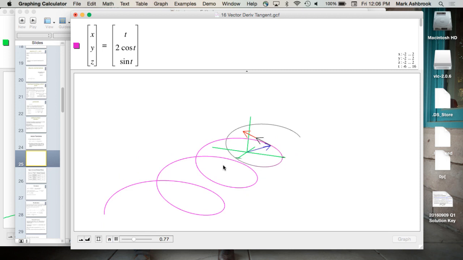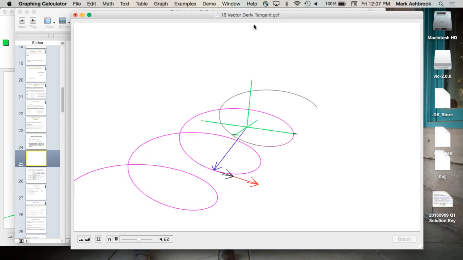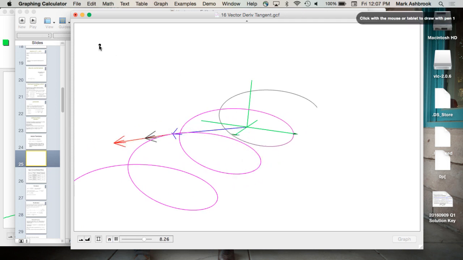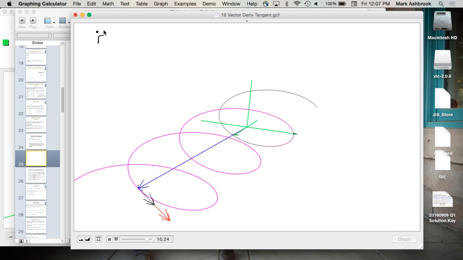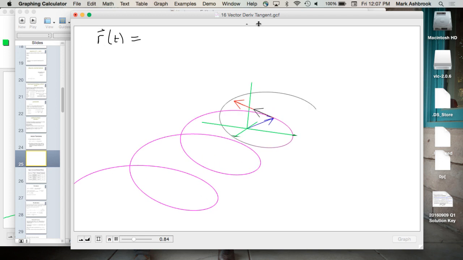So here's the vector function, with t squared, cosine and sine.